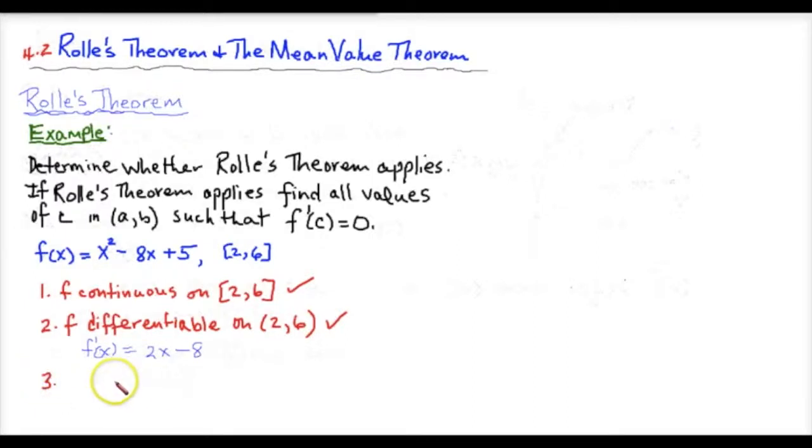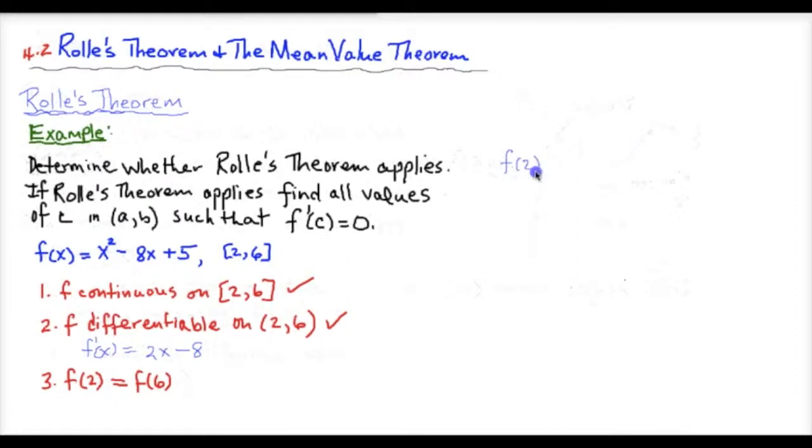Number 3, the third condition says that f of a, in this case a is going to be 2, so we want to check to see: is f of a, or f of 2, equal to f of 6? Well, how do we check that? All we do is plug in 2 and 6 into the function and make sure that they're equal. So let's see what f of 2 is.